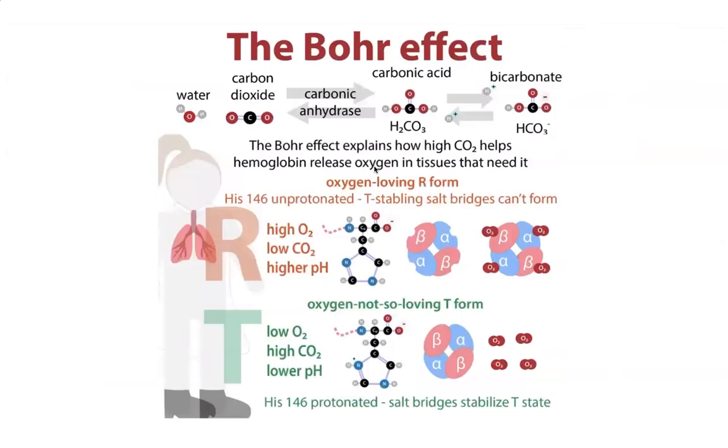And the significance of this is then remember that when we have that lower pH, there are more protons available. If there are more protons available, then our histidine is going to be protonated. If our histidine is going to be protonated, then it can form those salt bridges that stabilize the T state. And this is going to then promote the offloading of oxygen.